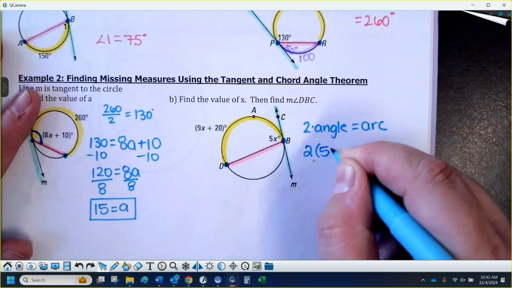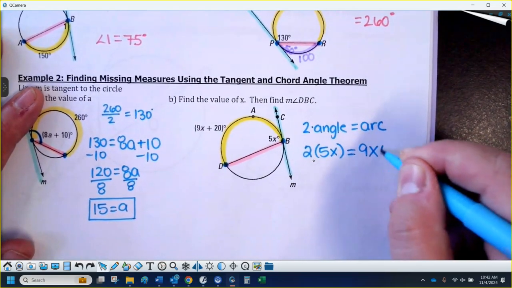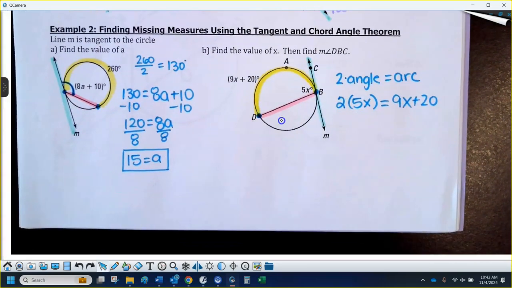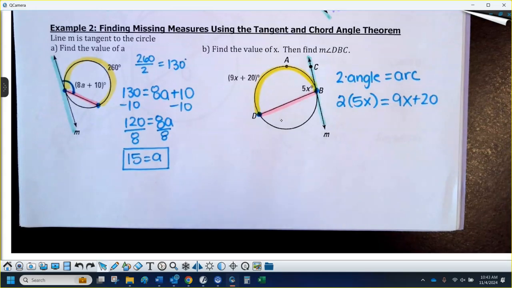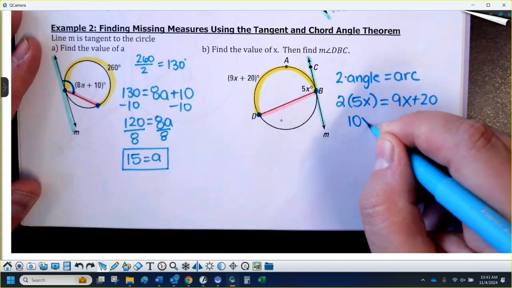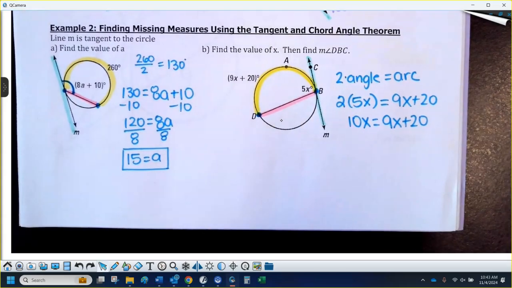My angle is 5x, and my arc is 9x plus 20. It's weird because I don't have an actual number, but we can just use the expressions. So 2 times my angle, 5x, has to be equal to the arc. You can always multiply this to get 10x, and the arc is 9x plus 20, but it's got that 2-to-1 relationship.